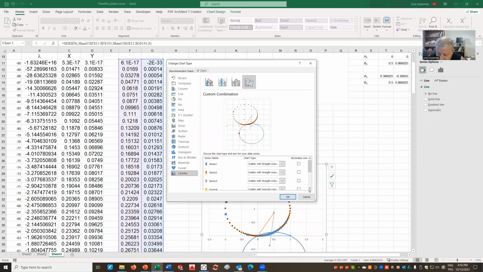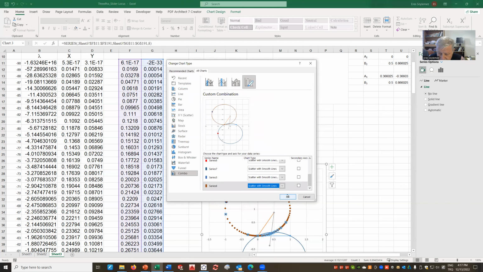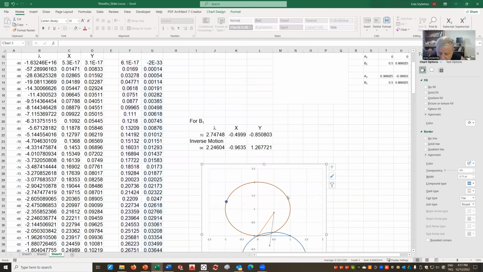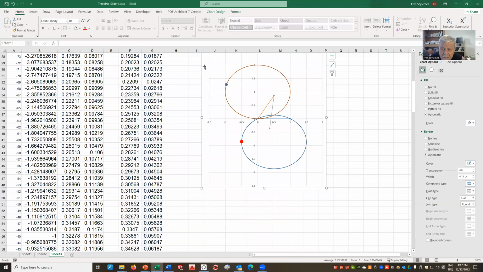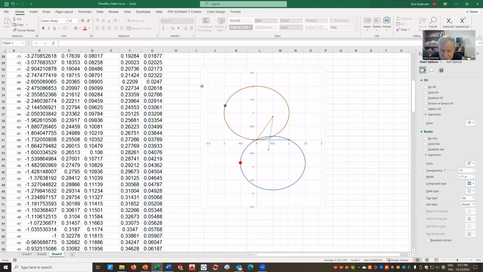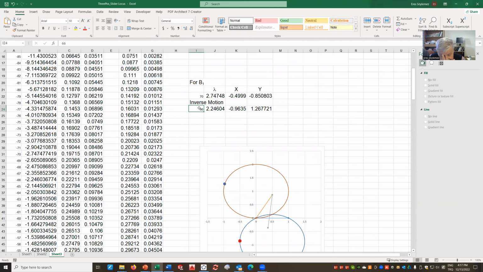Change the chart type. Smooth curve. That's it. Now I can change these locations by simply changing this point, the lambda value, or the angle that generates lambda. 70, 67.